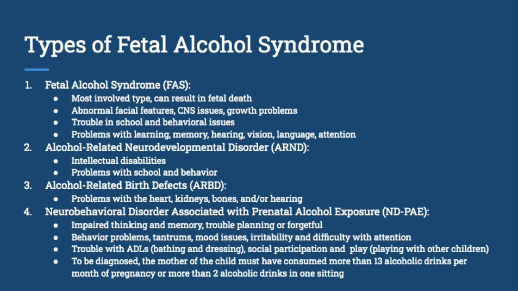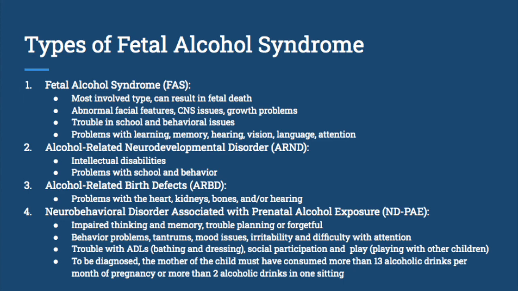In alcohol-related neurodevelopmental disorder, you could see problems with school and behavior, and also intellectual disabilities. Alcohol-related birth defects can cause the child to have problems with the heart, kidney, bones, and or hearing.